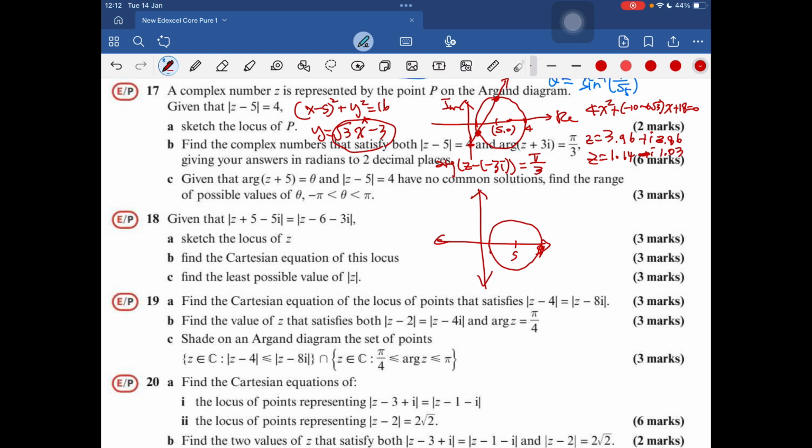And the second one, we start from negative 5 and make the angle theta. So from here, so this can be the maximum.